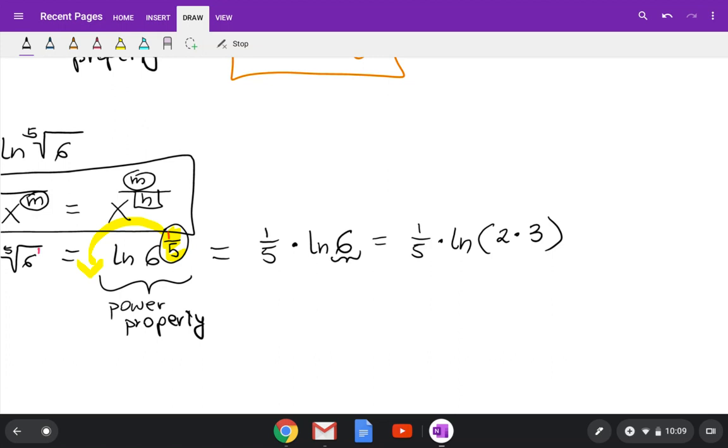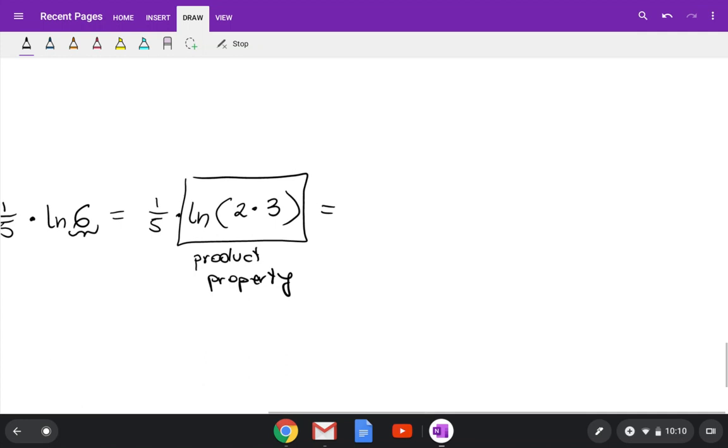Here you have log of a product, which means you can use the product property. You can rewrite that as 1/5 times the sum of two logs: ln of 2 plus ln of 3.